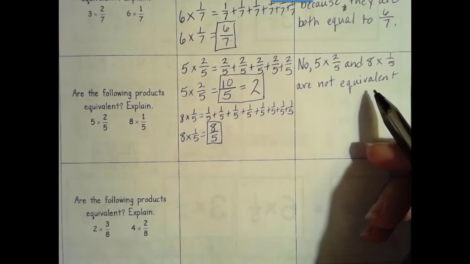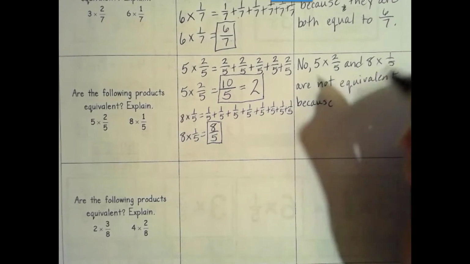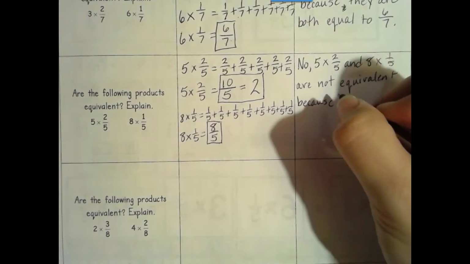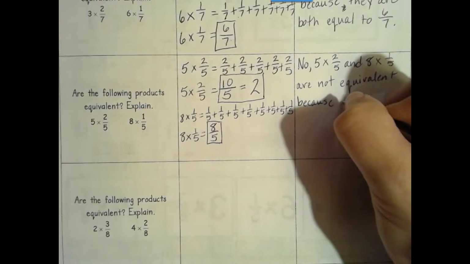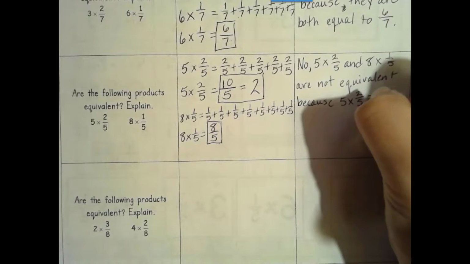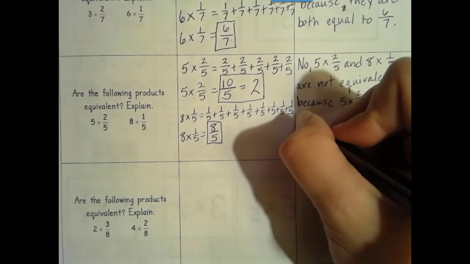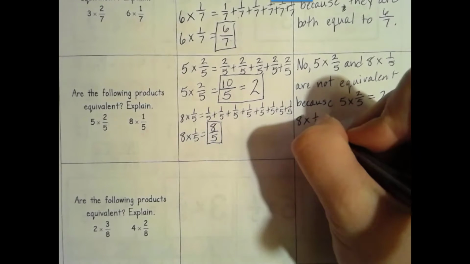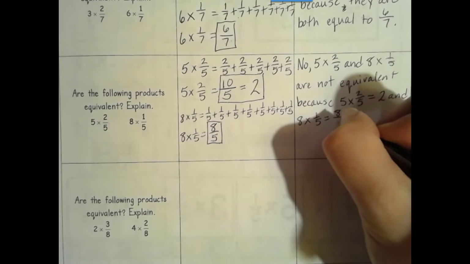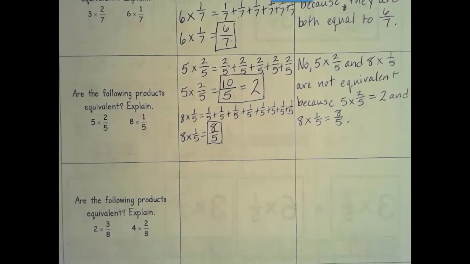Now that we have our claim, our evidence, because 5 times 2/5 equals 2, and 8 times 1/5 equals 8/5. Okay, next one.